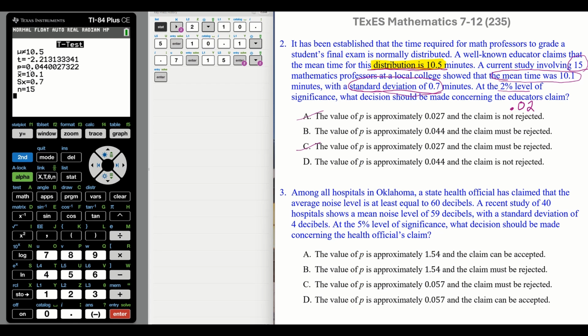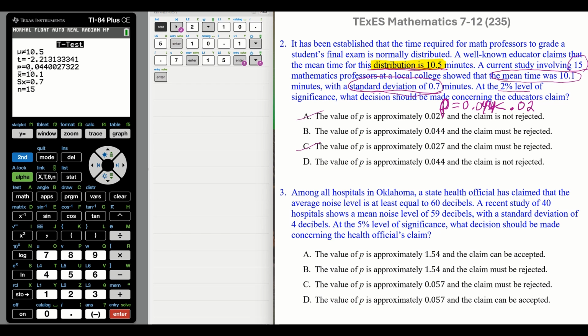Our p-value is obviously less, which is 0.044. That's our p. Remember, you're measuring it off the p given on your calculator. We see it on our calculator. That means we need to reject.